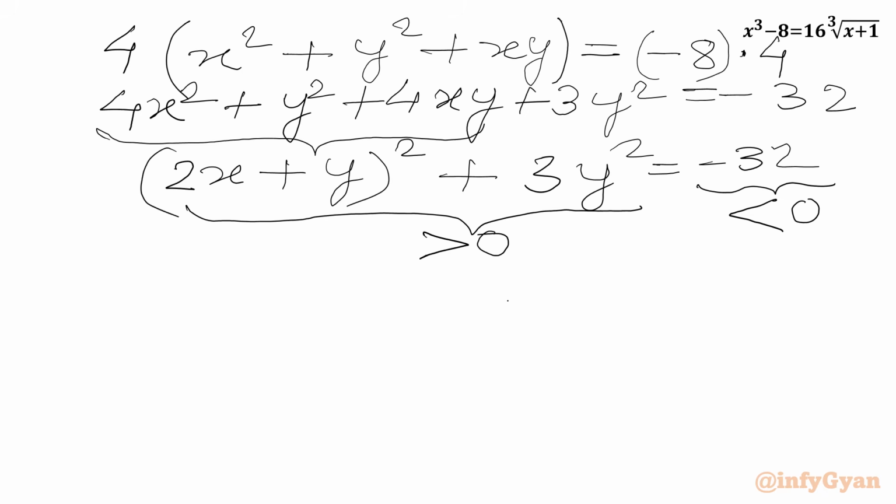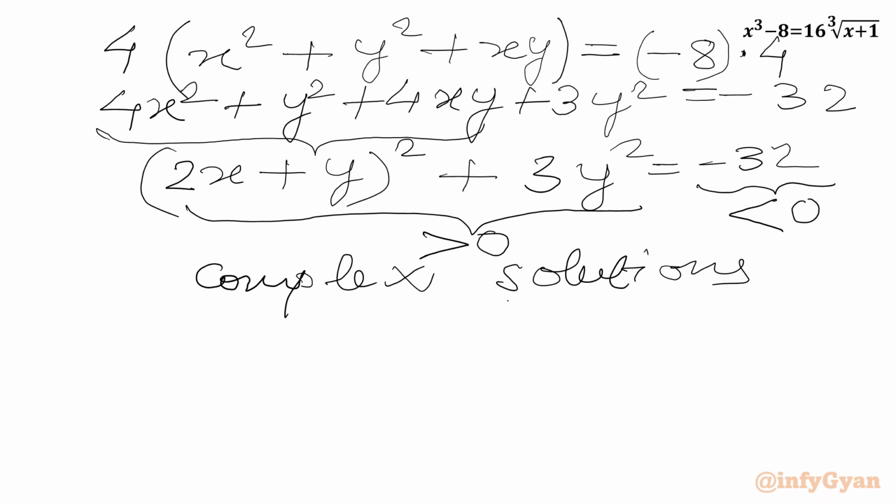So this is only possible when we are going to get complex solutions. So we will write here solutions must be complex. So we will reject this equation. So the accepted equation would be x minus y equal to 0. From here we are going to get x equal to y.